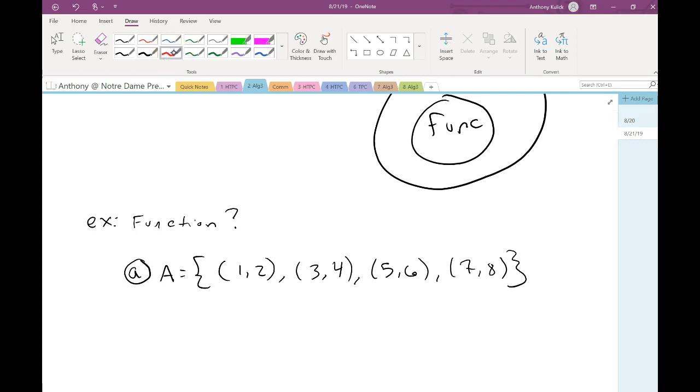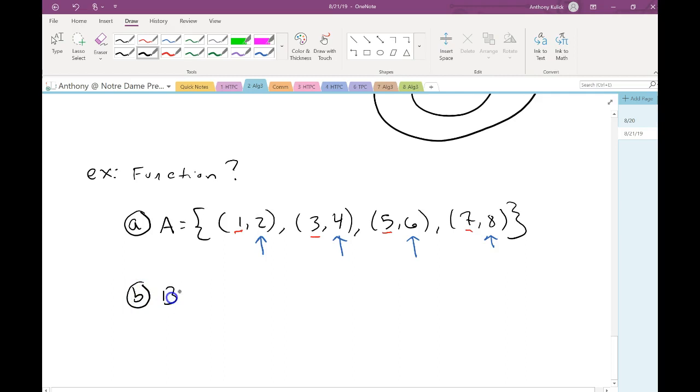Is this a function? Yes. If I look at the x's, 1, 3, 5, and 7, each of those x's is paired with exactly one y. 1 is paired with exactly 2. 3 is paired with only 4. 5 is paired with only 6. 7 is paired with only 8. Can everybody see that each x has exactly one y to it?